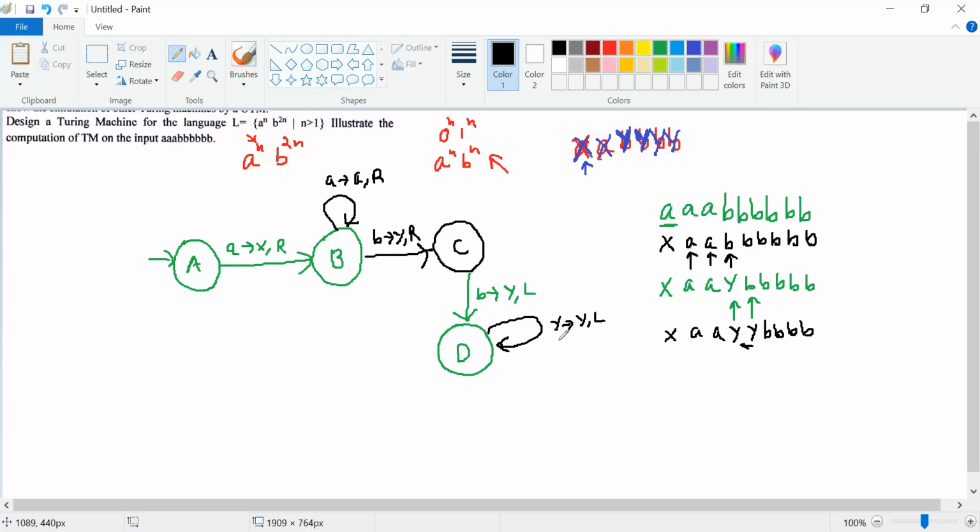And A also we have to do the same thing because we don't know whether it is the first A or the last A or the middle A. So if you see A, keep moving left.